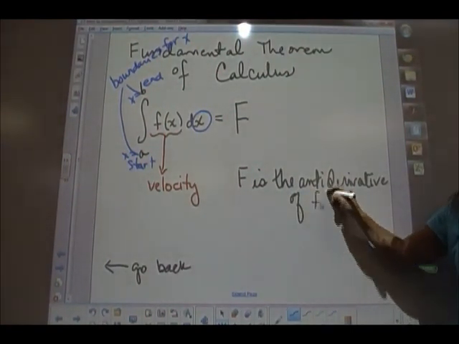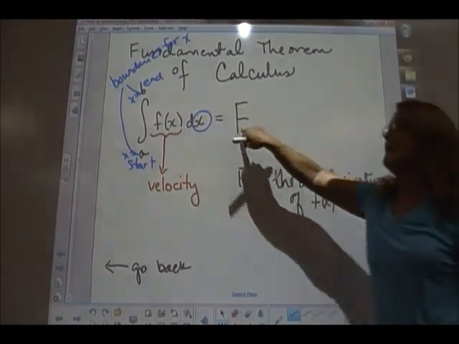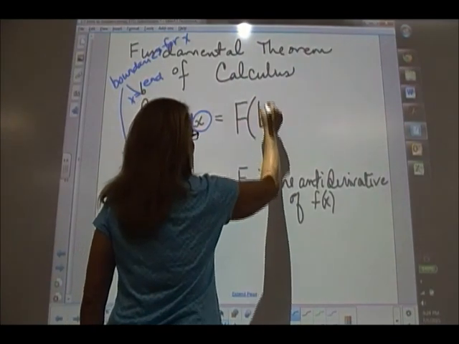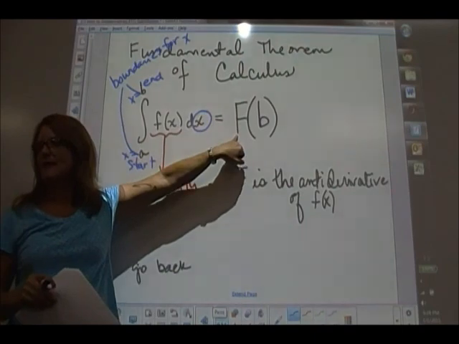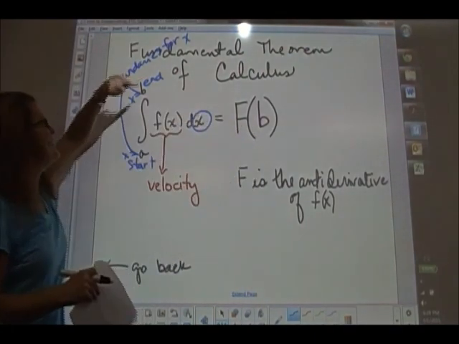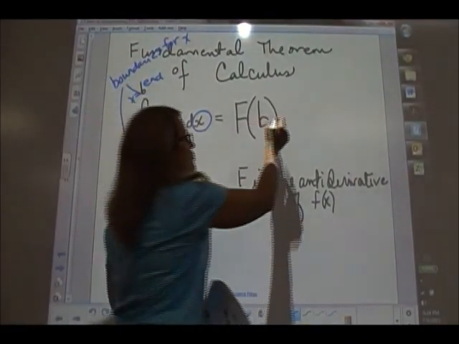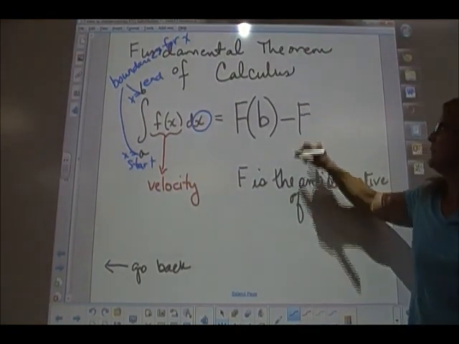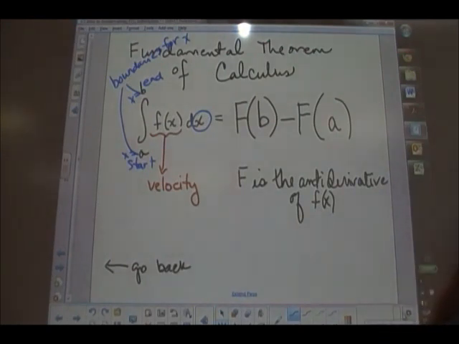You know how to find antiderivatives. The fundamental theorem of calculus states: find the antiderivative, evaluate it at your uppermost boundary. Find your big F, your antiderivative, evaluate it at this value. Plug that value in for x. And then subtract from that your antiderivative evaluated at your lowermost boundary.